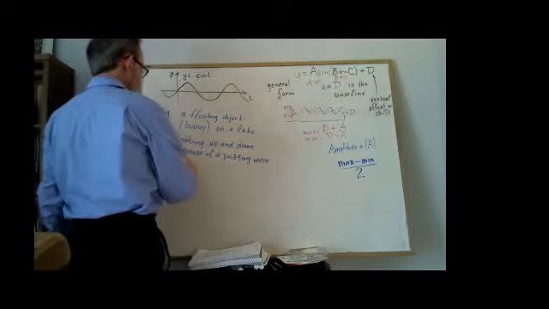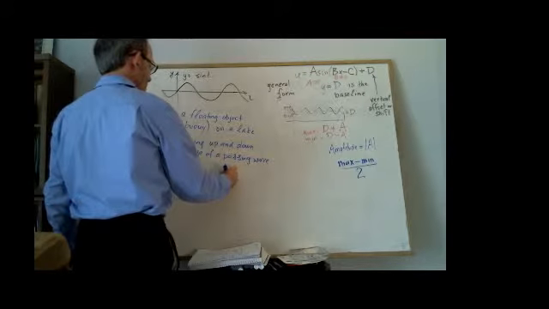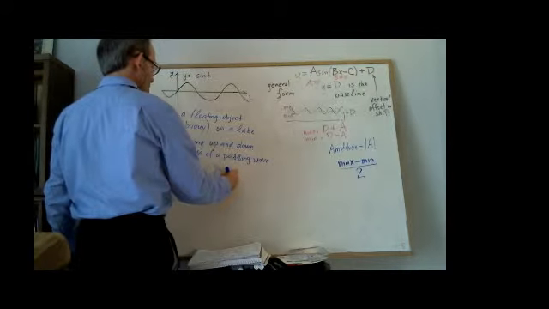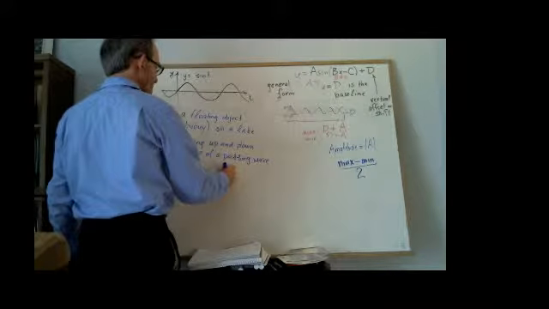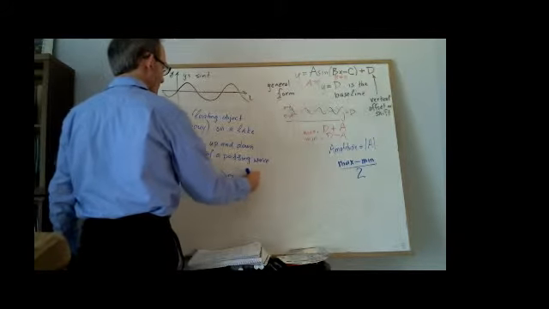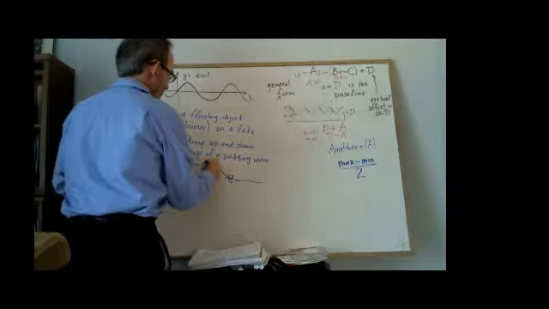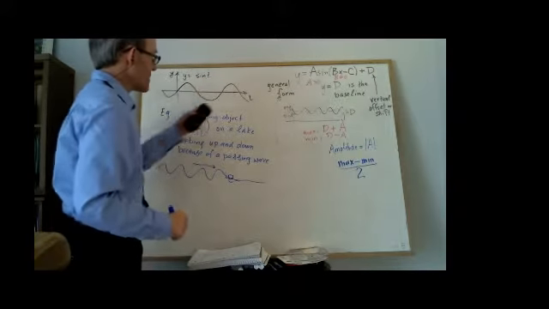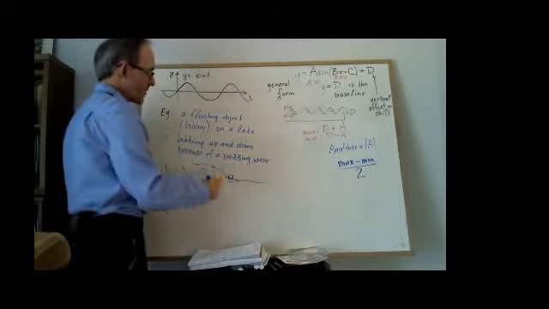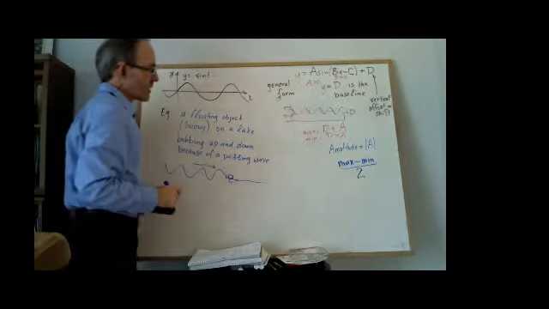So a wave comes in, and here's our floating object. So it starts moving up and down when the wave comes in. And this could be the shape of it. If it's an infinite wave, then this would be the shape of it.